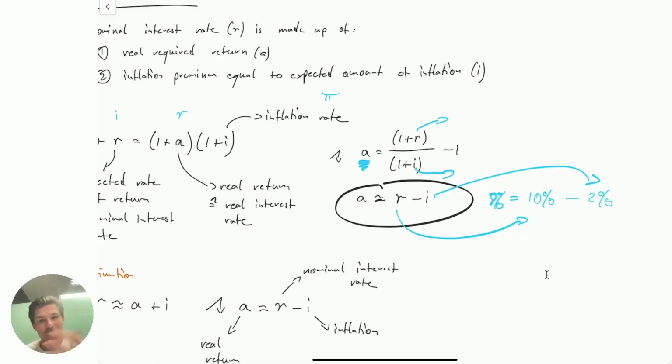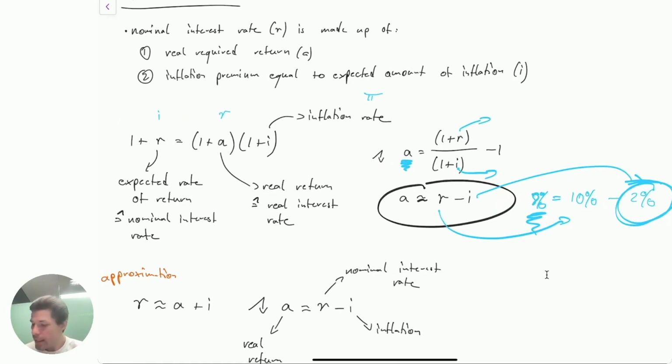Yes, you get 10% from the bank. This is your income, your return, but because of inflation, the real purchasing power of the interest rate that you get is only 8%, because you need to subtract your inflation rate.